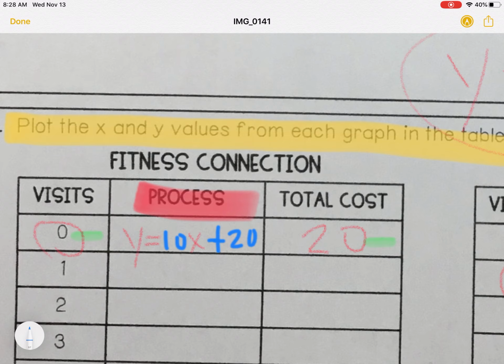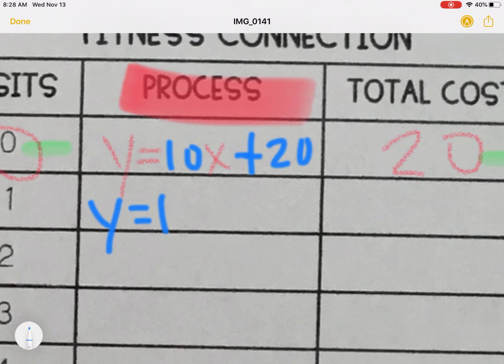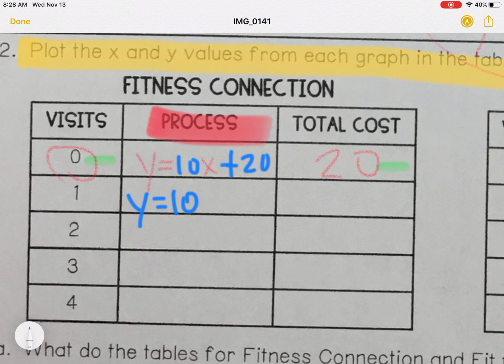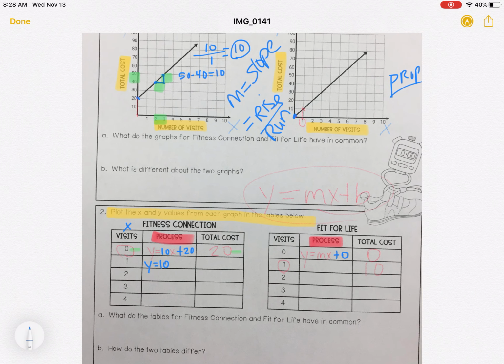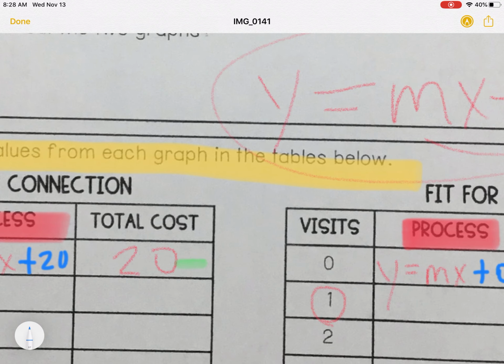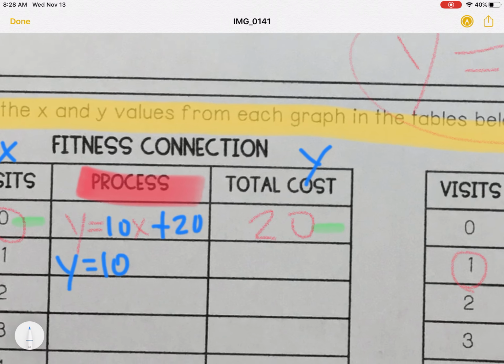So if I wanted to see if that worked, what is y equals for 1 visit? 1 visit would be x equals 1, because my visits is on my x-axis and my total cost is on my y-axis.